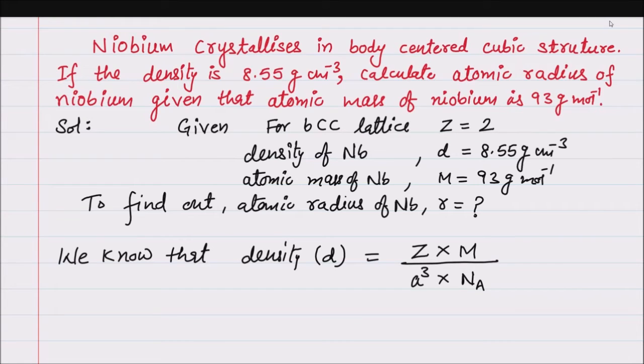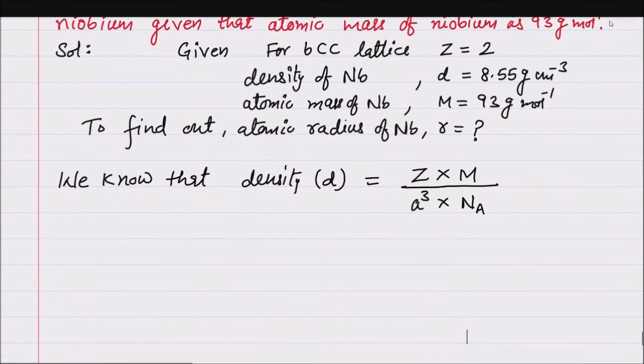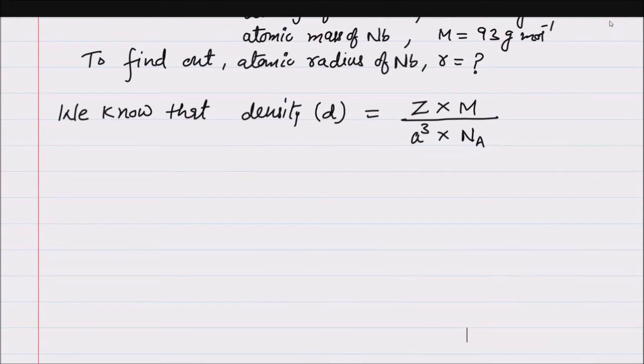You know that density is related to Z, capital M, that is molar mass, and edge length, A is edge length. Okay, now but we have to calculate atomic radius. So for BCC, what is the relation between R and A?